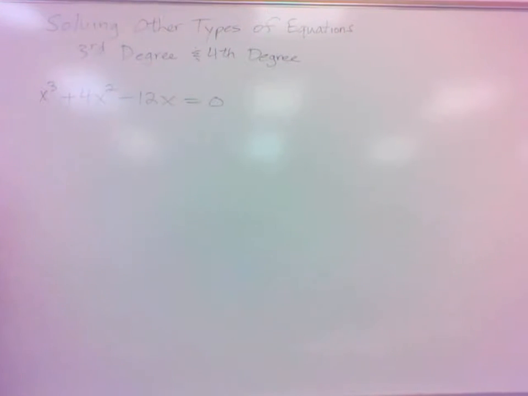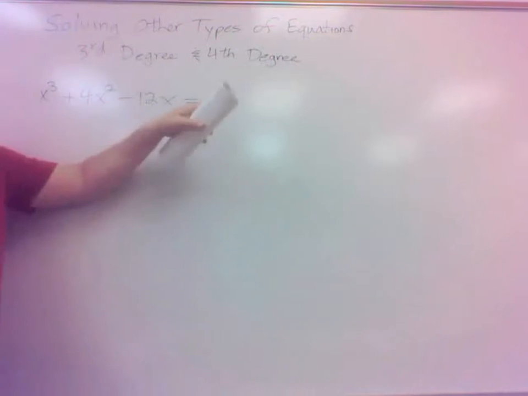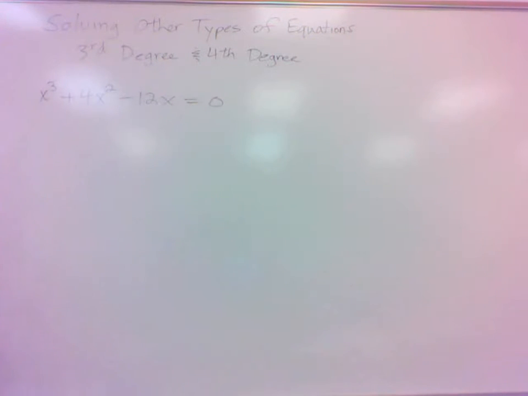A lot of these first ones anyway, the third and fourth degree ones, we can do a little bit of factoring on them and solve them that way. Now, on factoring, the same thing is true for third degree as it is for second degree. To use factoring, we do need one side to be 0, and we've got that. So let's use our factoring method here on this.